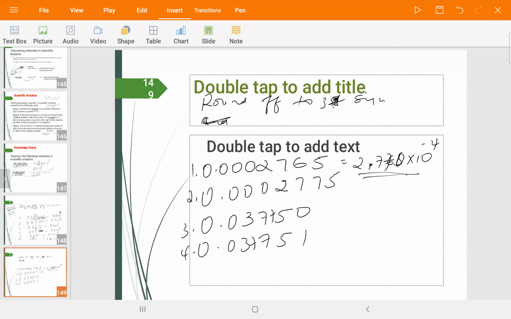Nathaniel ያለው 2.770 times 10 to the power of minus 4.